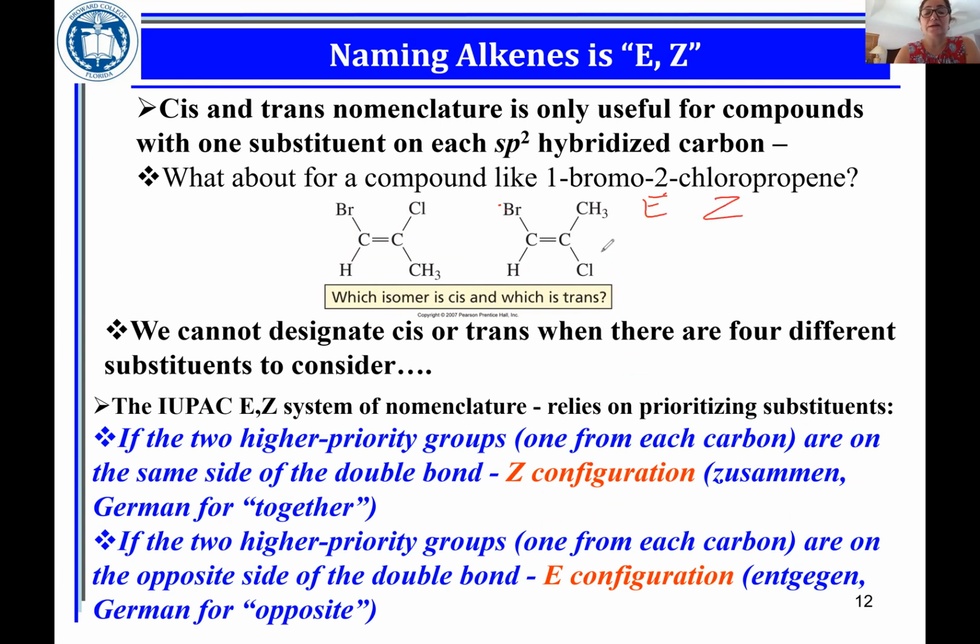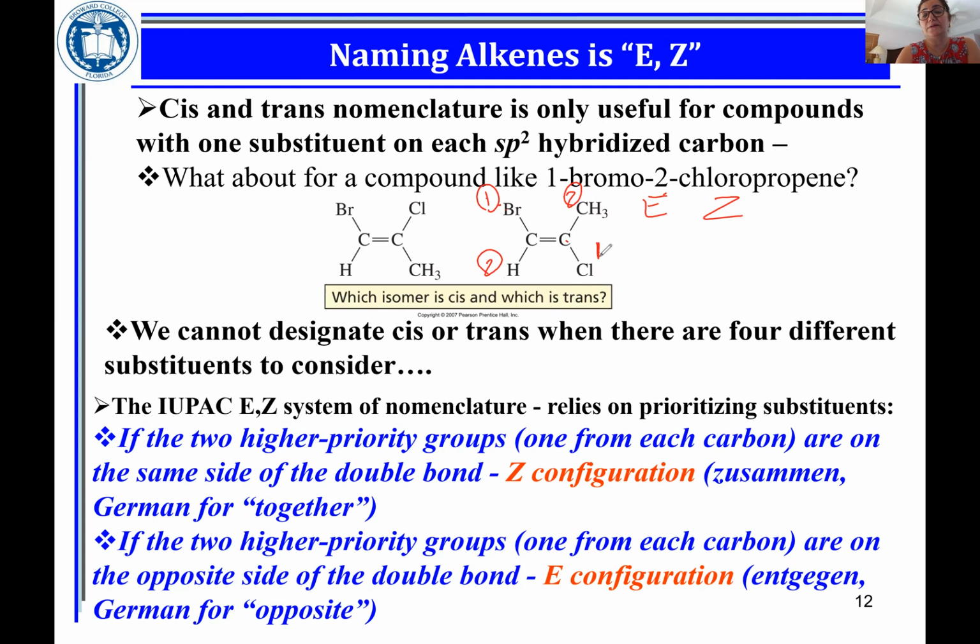So for E and Z, you have to give priority to the group attached to the carbon, and you go with the highest atomic mass. So chlorine has higher atomic mass, it would be 1, of the first element attached to carbon. So CH3 is going to be 2, bromine is going to be 1, and H is going to be 2.